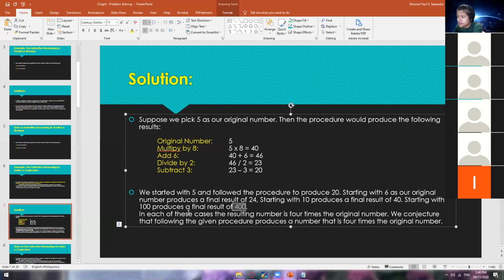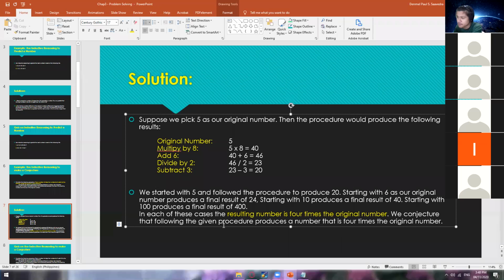So in each of these cases, the resulting number is 4 times the original number. We could say that our conjecture for these steps is that the resulting number is 4 times the original number.